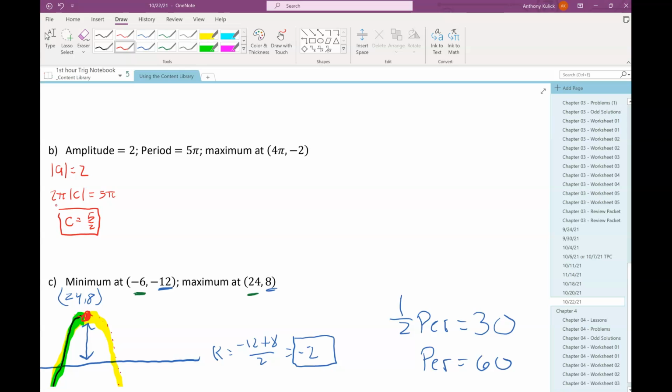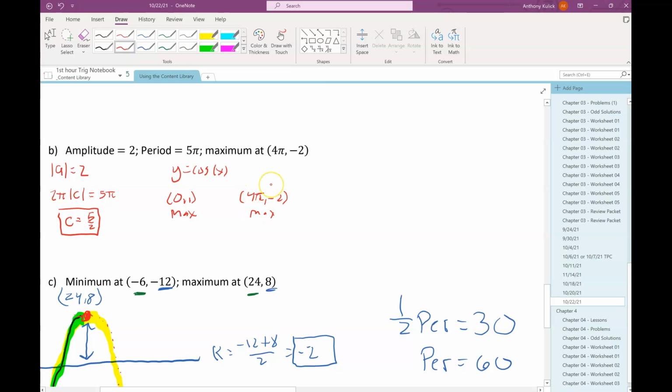And now we're going to decide whether we want to use sine or cosine. In this case, we want to use cosine because we have an extreme point, right? We're told the point in question is a maximum. So I'm going to use cosine. And we have to use the point (4 pi, -2), because that's the only point we have.